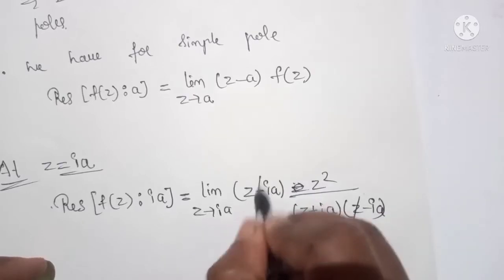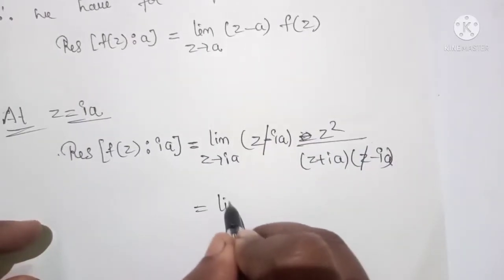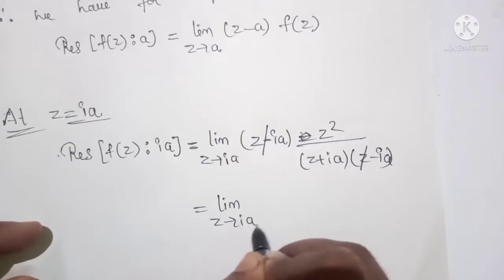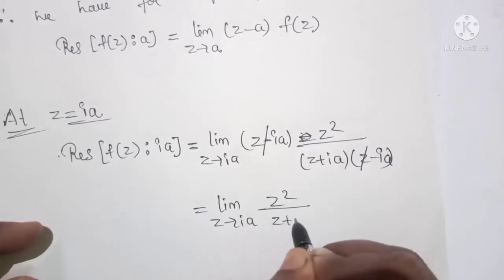So this z minus ia gets cancelled. We get limit z tends to ia of z square divided by z plus ia.